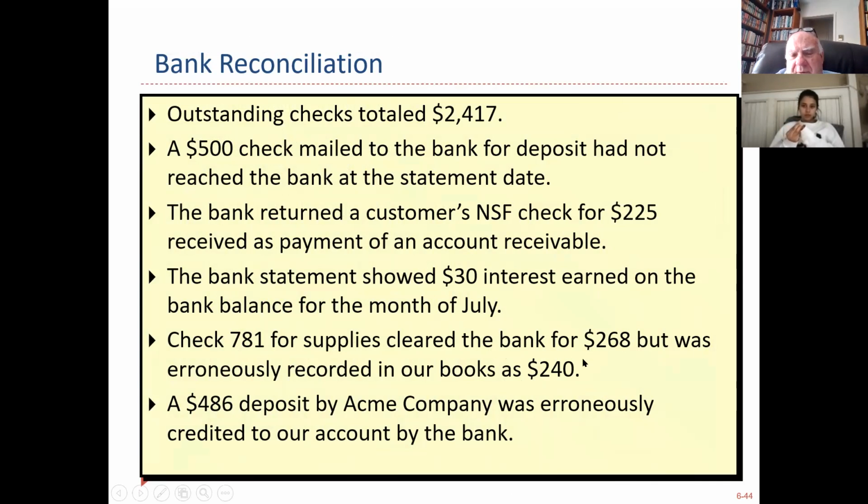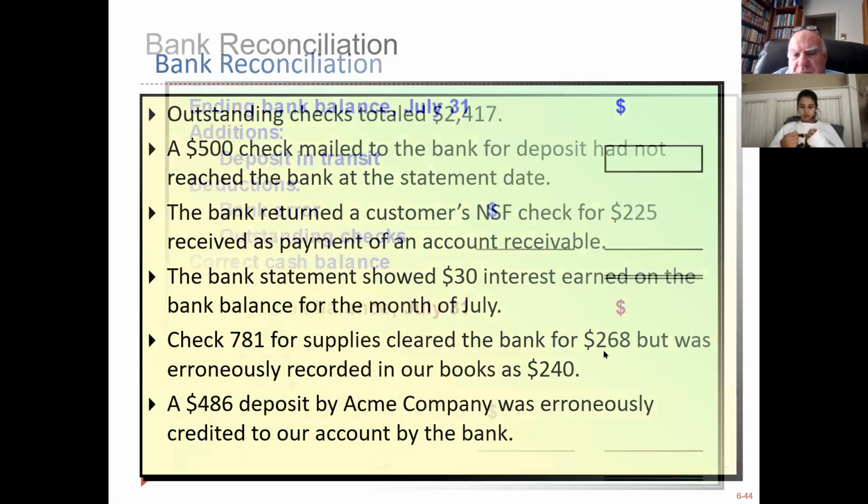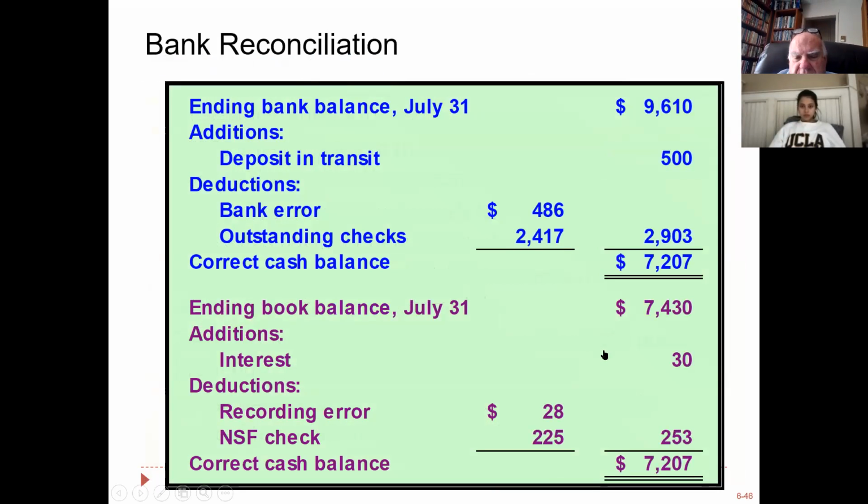And that's a mistake that can be made. So that means we have $28 less than we thought. We really spent 268, not 240. And there you go. You got the 28. So look at this. Our correct cash balance, more properly called the adjusted bank balance, is 7207, and so is the adjusted book balance. So that's a flavor of a bank reconciliation.